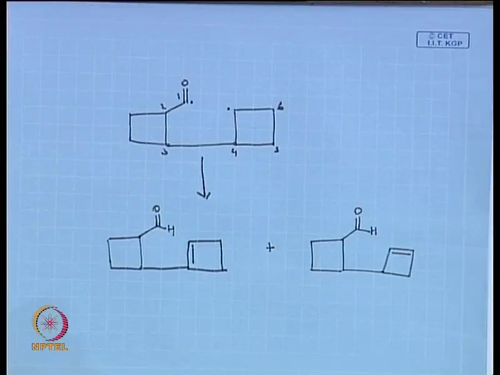It can undergo beta cleavage, but that never happens. Immediately before that it undergoes hydrogen abstraction to give me the aldehyde. That process is faster than that. That is the only reason. It can give rise to a 1,4 diradical, which can cleave back to give me 2 cyclobutanes. Yeah, that can happen, but these products are more predominant.